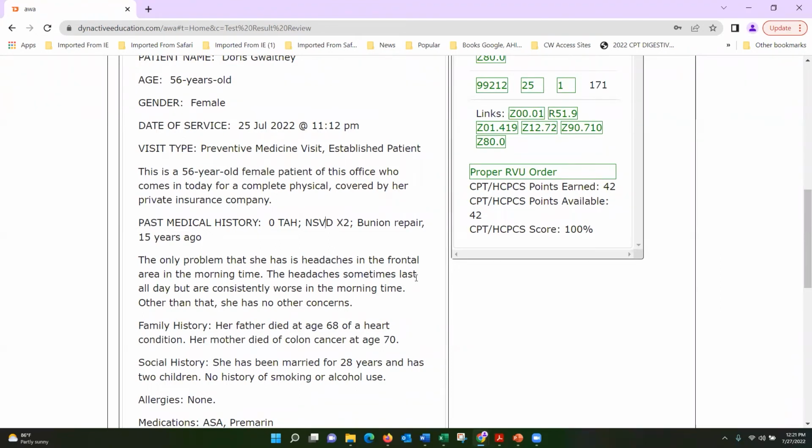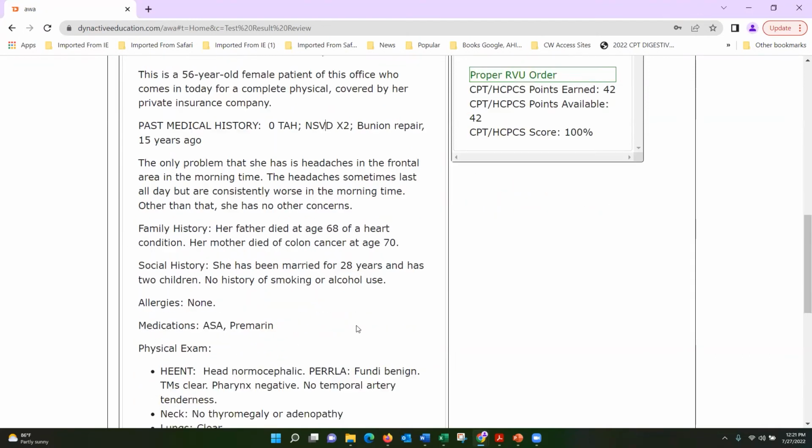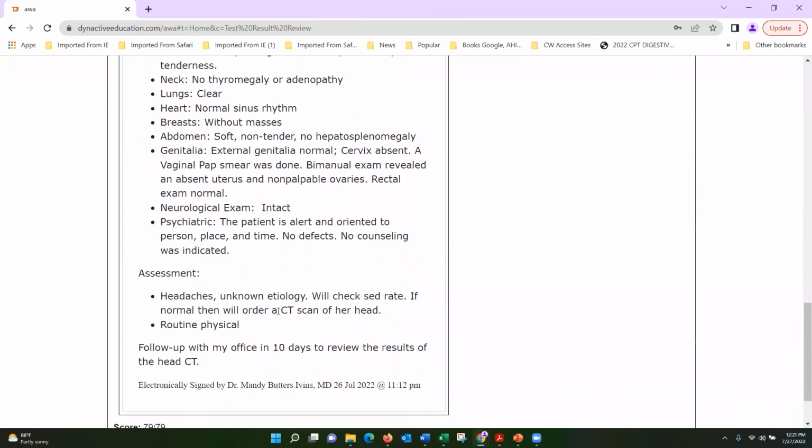So the fact that she had it before is irrelevant here. He's treating it, he's addressing it with blood work to be ordered. So even though she's had it, it's not part of that preventive exam. It's totally separate. Does that help?